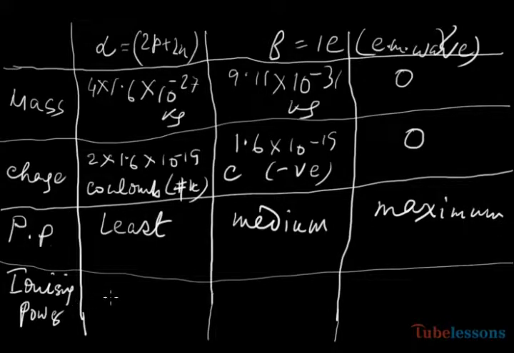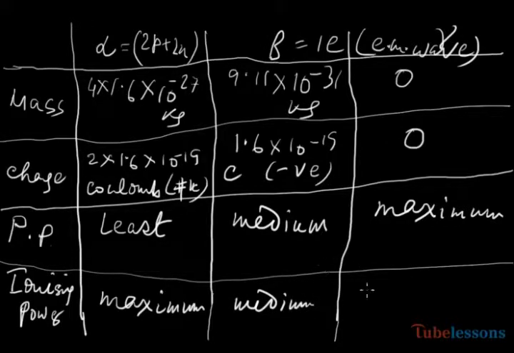The ionizing power of alpha is maximum. Beta is always medium, and gamma has minimum ionizing power. So alpha is first in the cases of mass, charge and ionizing power, and with regard to those, gamma is least: 0, 0 and 0.